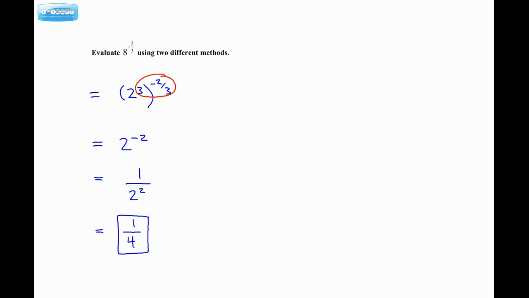Well, how else could I have done this? What I did here is I effectively dealt with the fractional exponent first. What I could have done is dealt with the fact that it's negative and then dealt with the fraction. Here's what I mean. I can write this as 1/8 to the positive 2/3 right now.